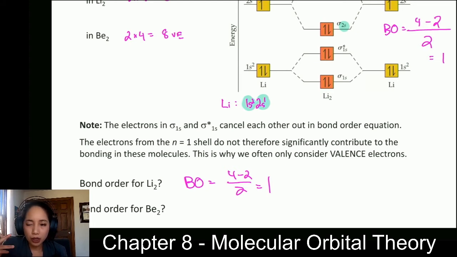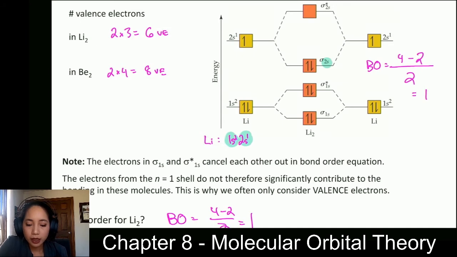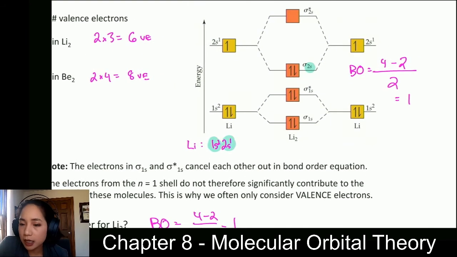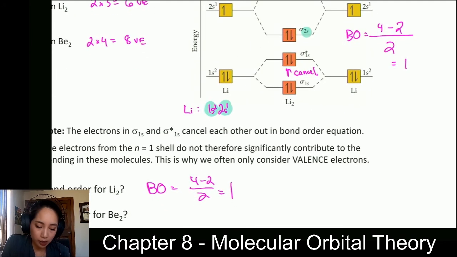But one thing I want you to note here is that since we do bonding electrons minus antibonding electrons, these inner core electrons actually just cancel out. There's 2 electrons in bonding, 2 electrons in antibonding. So when doing your bond order calculation, they cancel. If you only count the valence electrons, bond order equals 2 minus 0 over 2, and you also get 1.